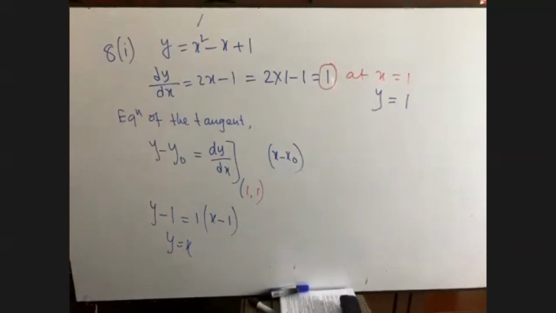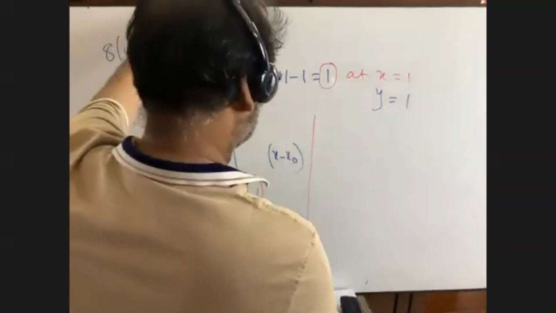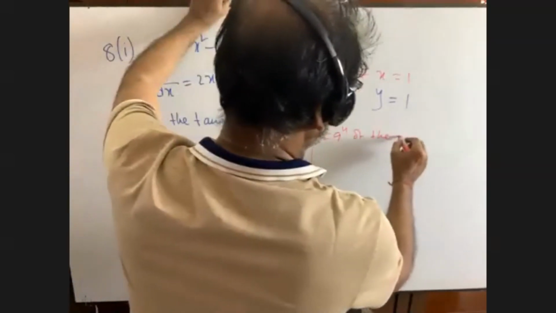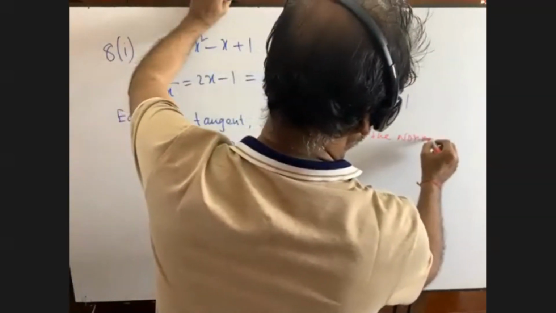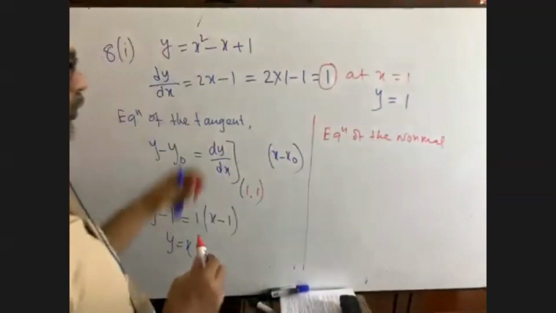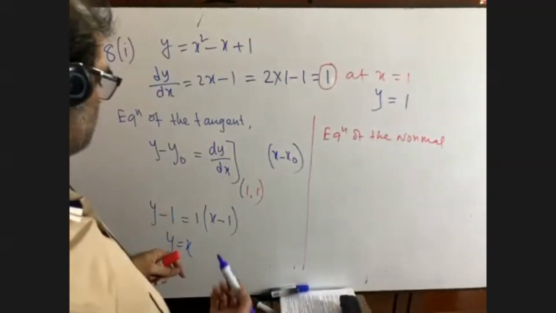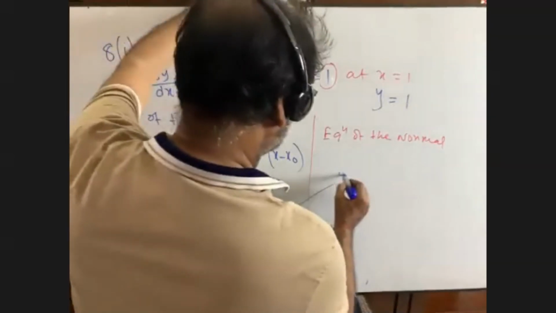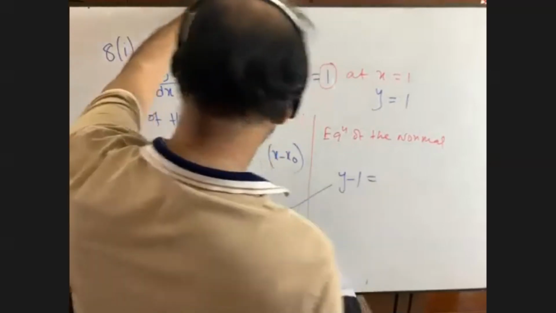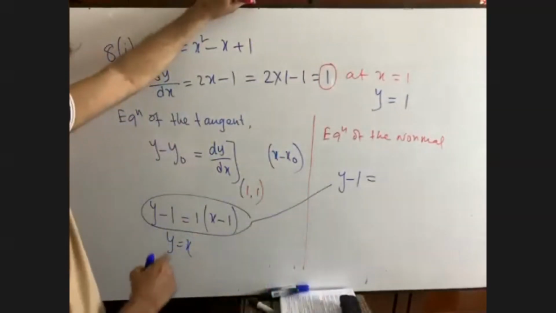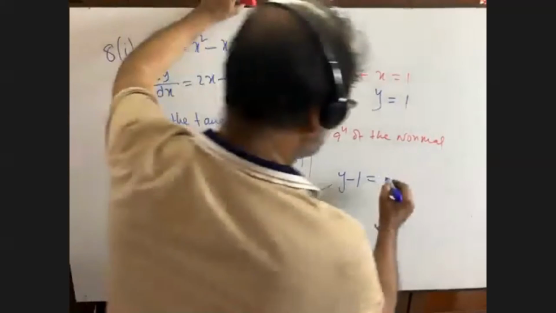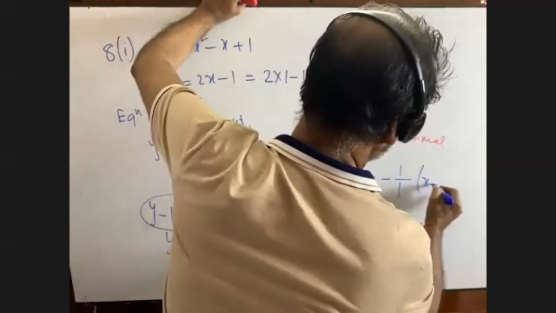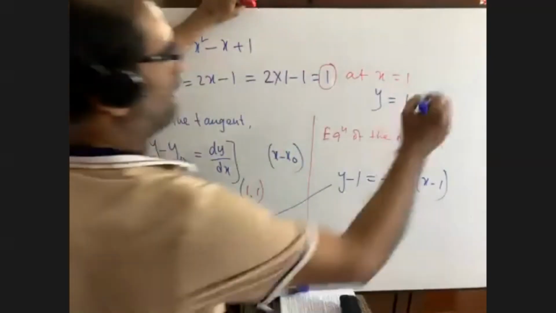Can you please let me know what is the equation of the normal? Who can tell me? Equation of the normal. Y equals minus x. Actually, what will you do? You see, same thing. Y minus 1 is equal to minus 1 by m.